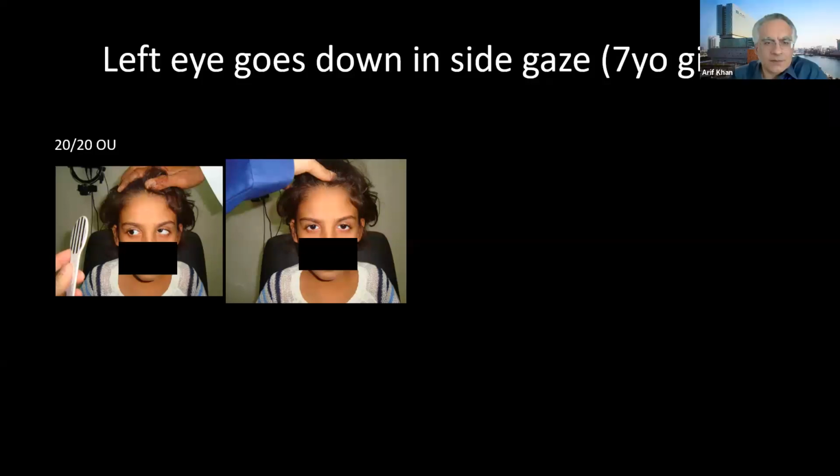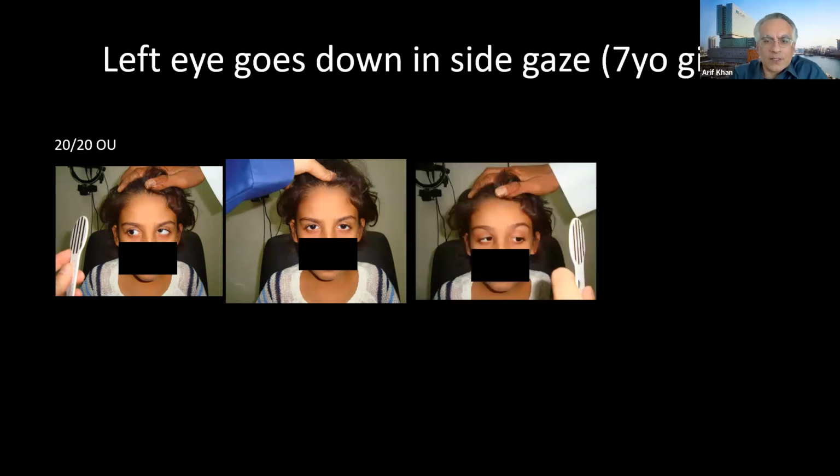That is over elevation and adduction. You can call it inferior oblique overaction if you like. But then, when we look this way, she has this bizarre thing where the left eye is going down. And this is the complaint of the family. So how can we explain that?